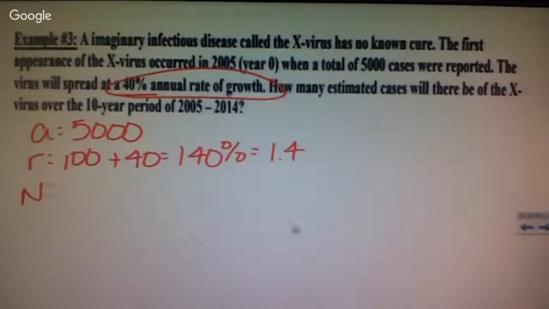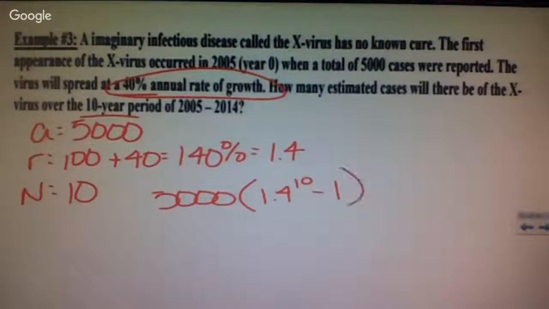And what's my N? 10-year period. Remember, 2005 to 2014, while it looks like it's only 9, 2005 actually counts as a year. That's your P sub 0, which is why it's 10. So 5,000 times 1.4 to the 10th minus 1 divided by 1.4 minus 1.